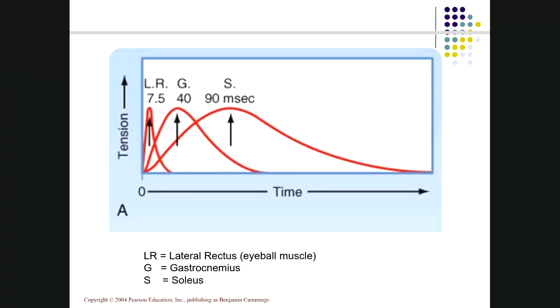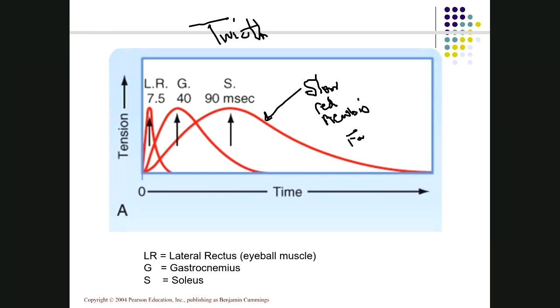And then remember there was a twitch cycle. So here you can see the twitch cycle for each of these. And so if you look, here is that slow twitch. So these are the ones that are dark red. They do aerobic. They do not tire very easily. They're fatigue resistant.